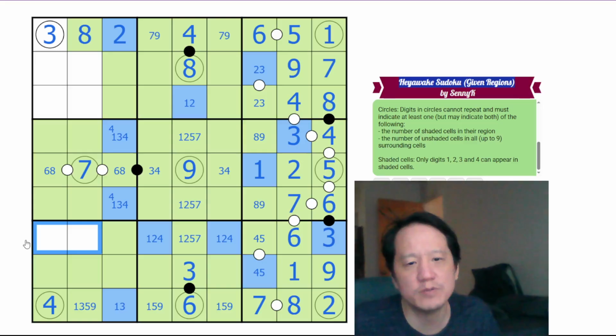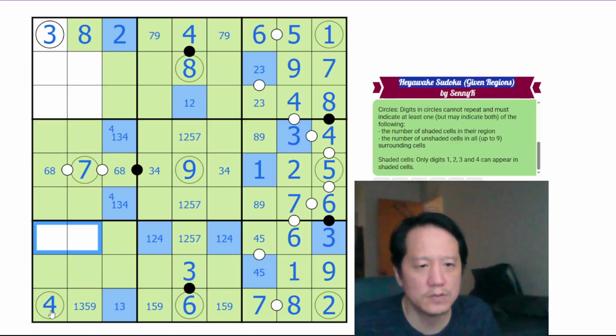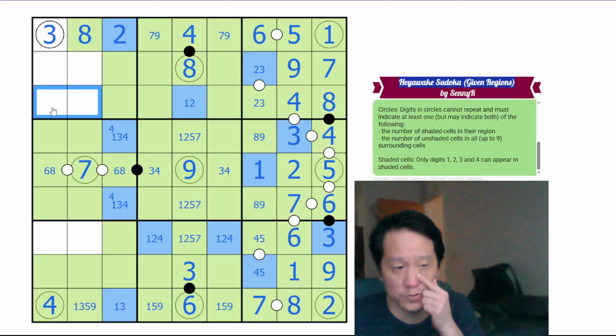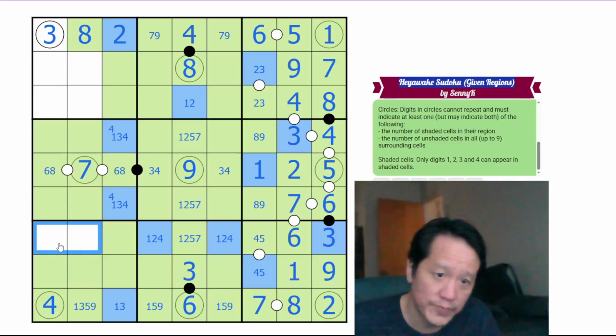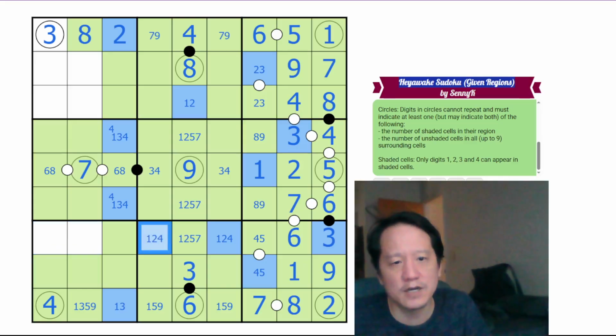One of these must be blue. Because if you're not... So say both of these are green, you'd have to have 2 blues there, which is impossible. So one of these is blue. And it must be 1 or 2, which means this has to have a 4 here.